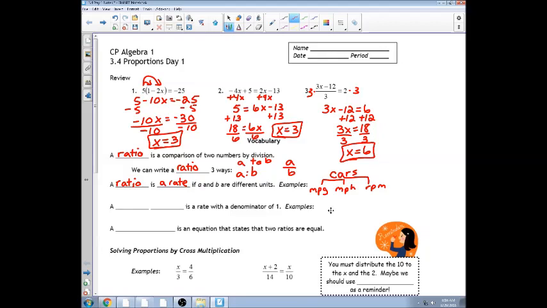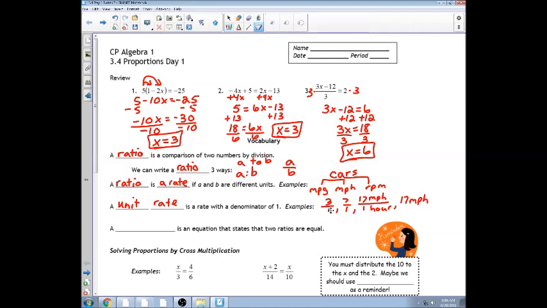Okay? A unit rate is a rate with a denominator of 1. An example of a unit rate would be 3 over 1, or 7 over 1, or 17 over 1, which if you make 17 miles per hour, that'd be miles over 1 hour, which would just be the same thing as 17 miles per hour.